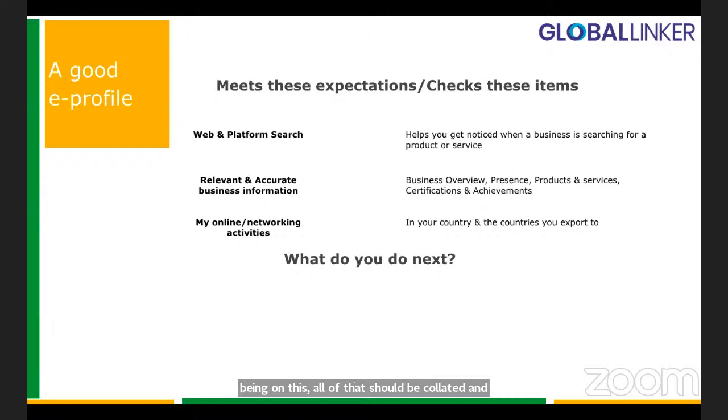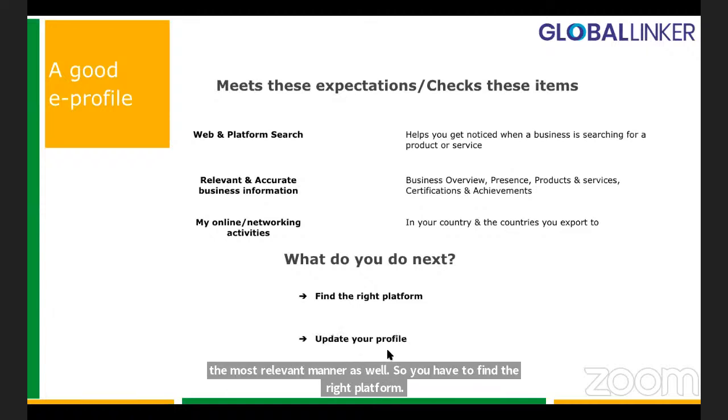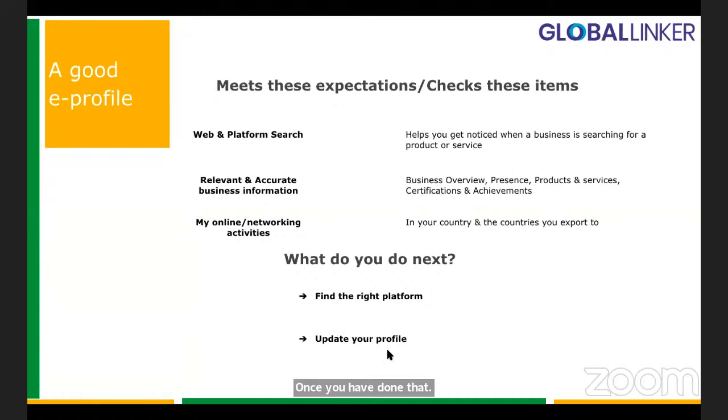If all of this is available, then what do you do next? You have to look for a platform that meets that checklist, that helps you provide all of this information in the right manner, in the most relevant manner as well. So you have to find the right platform. Once you have done that, update your profile. Don't leave any of the details blank.